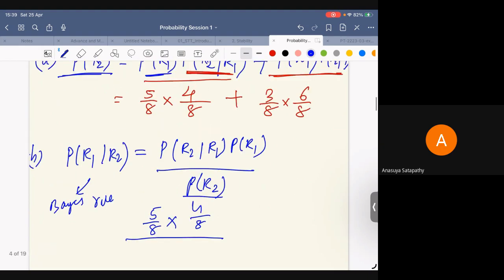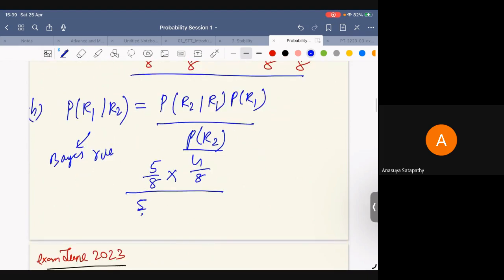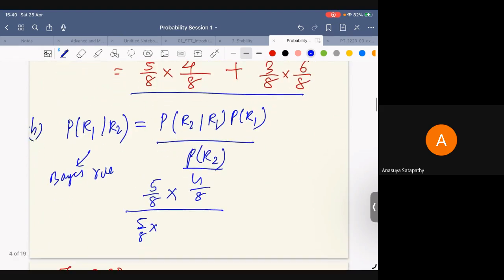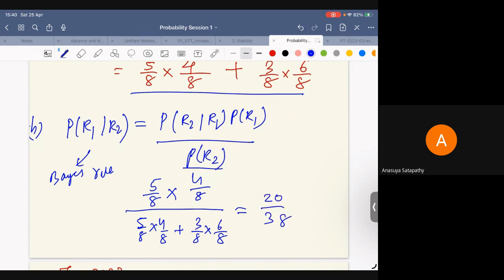So this is whatever we got here, which is 5/8 times 4/8 plus 3/8 times 6/8. Did everyone understand? Just follow the calculation and the answer will be something. Yes, it is 20/38. Yeah, 20/38.